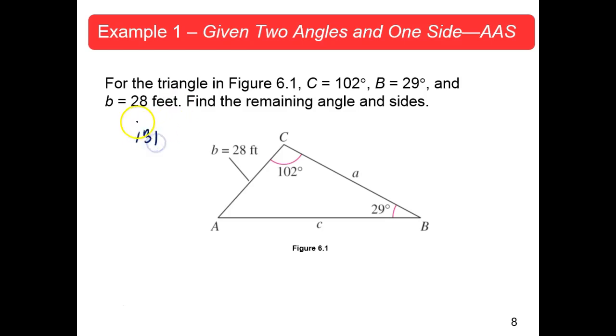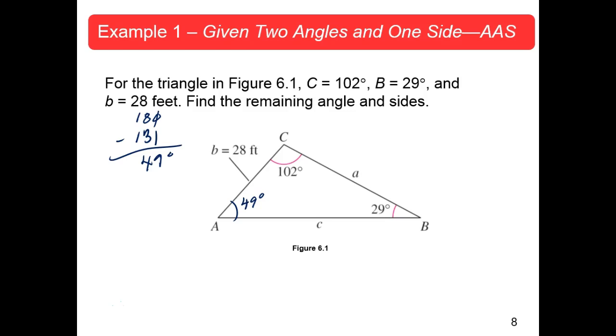And you subtract that from 180. Very good. And what does that give you? 49 degrees. So angle A is 49 degrees. Very good. These two would add to 78. Yep, 180. So we got one of the three done already.